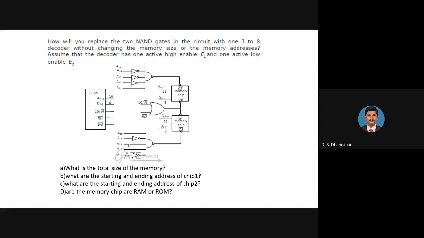So 1, 0, 1 and 0 is the input, and here we will get 0. Using this clue, we are going to find the starting and ending address of chip 1 and chip 2. The clue is the logic we are using for chip select. I am repeating, the chip will be selected if we get a value 0 here. The NAND gate will give output equal to 0 when all inputs are 1.